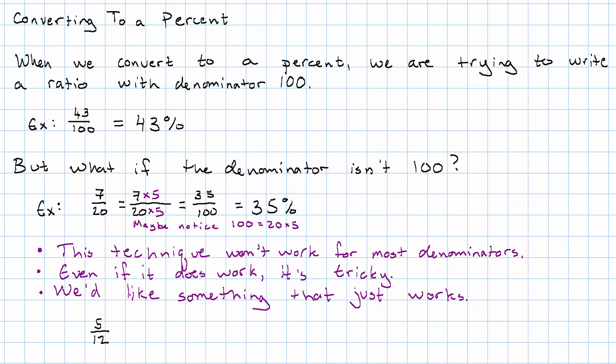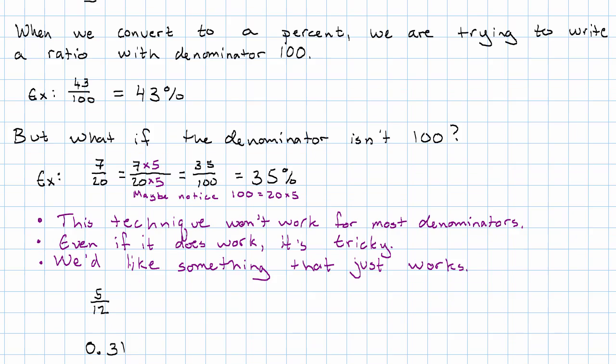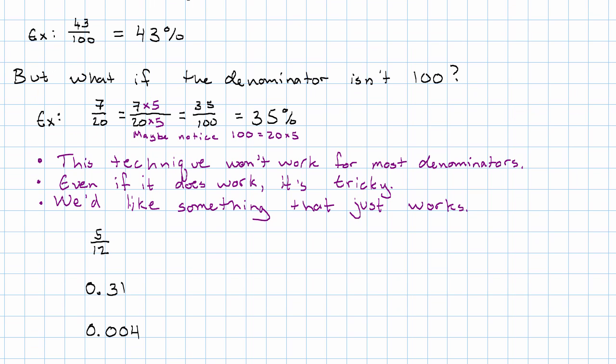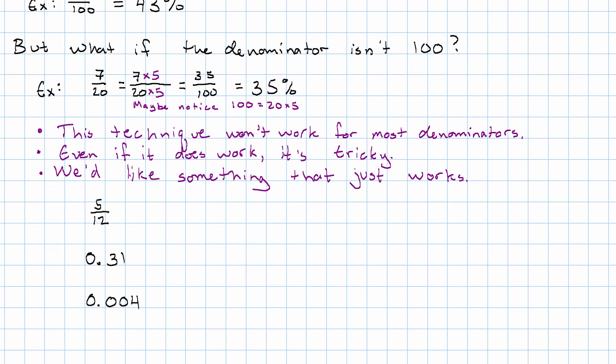Let's talk now about a technique that just always works. We can always turn any number into a complex fraction with denominator 1 just by writing our number over 1.